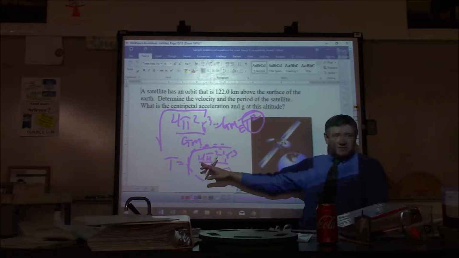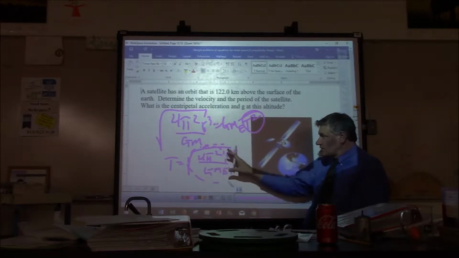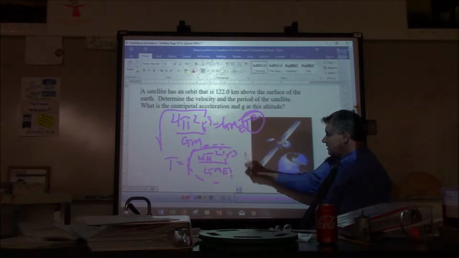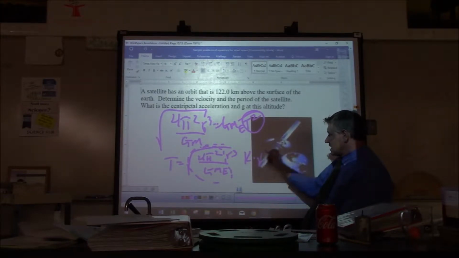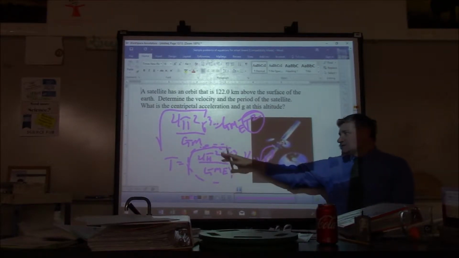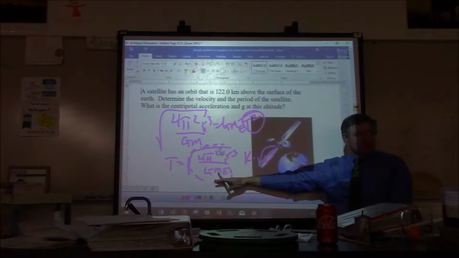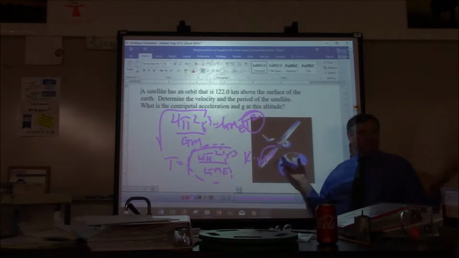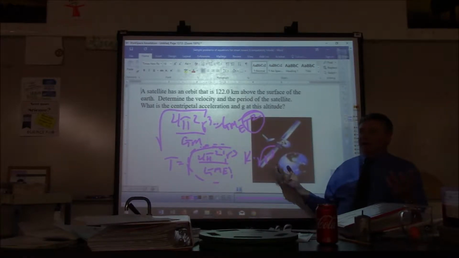You're not going to change 4 pi squared. So you could get this number by itself, which is going to be some constant times the square root of r cubed. If you were doing this a lot, it would save you crunching these numbers every time. You can just have this stored as a constant, and then the only thing that's going to change is that radius, because that's the only variable you're going to have.